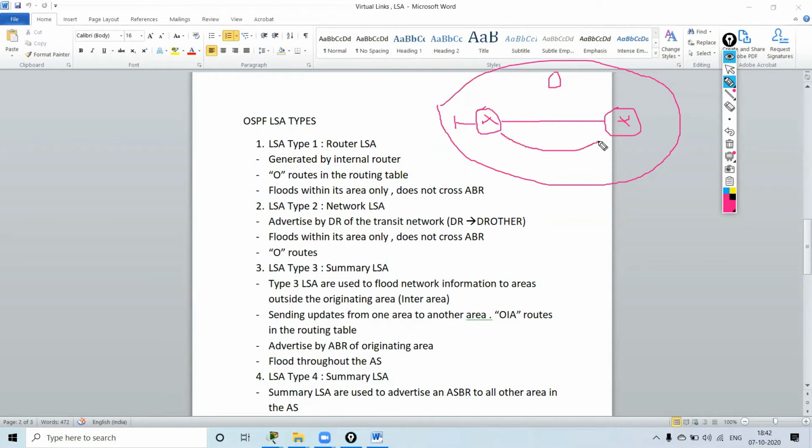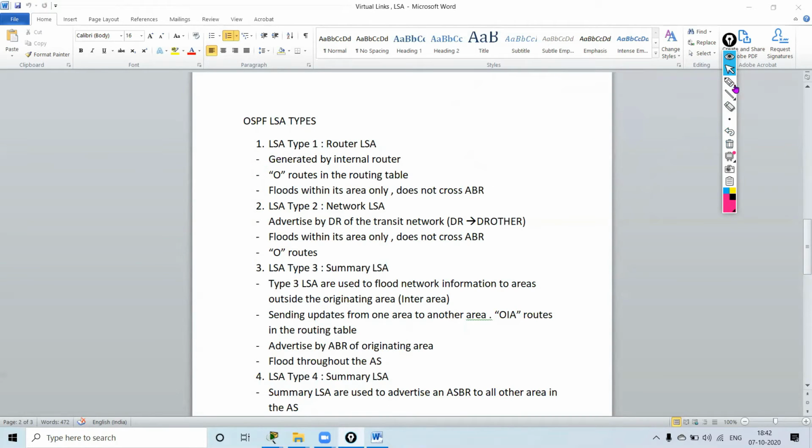Whatever updates are shared internally inside the area only is known as my router LSA or type 1 LSA, generated by the internal router. Whatever you see as O routes in the routing table floods within the area only and does not cross the ABR. They will not cross the area border router. They will be inside the area only. LSA type 1 floods within the area.